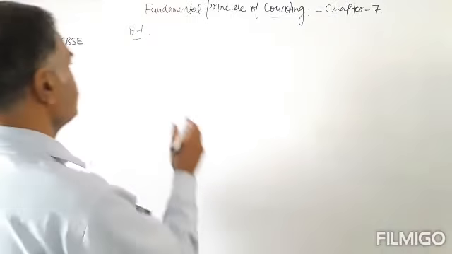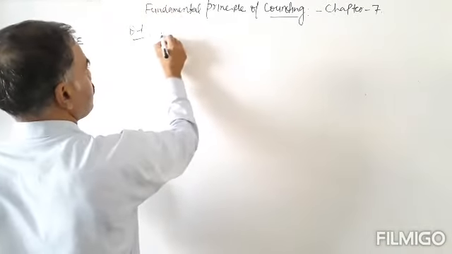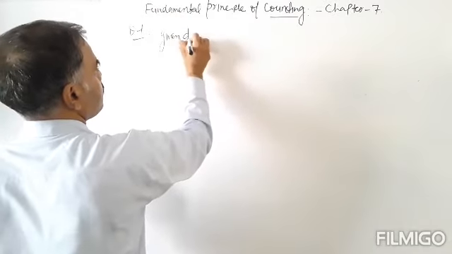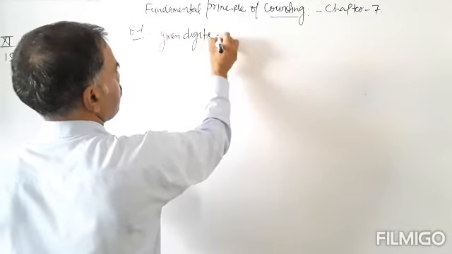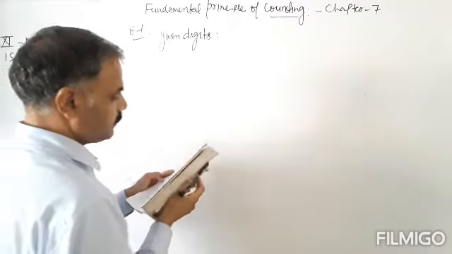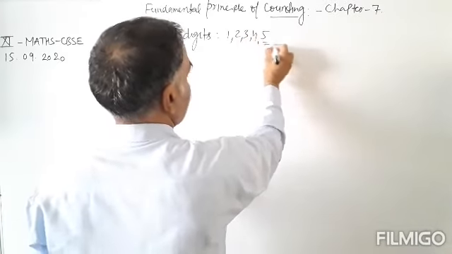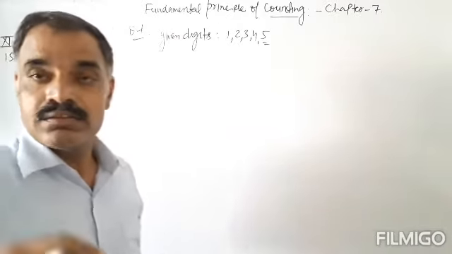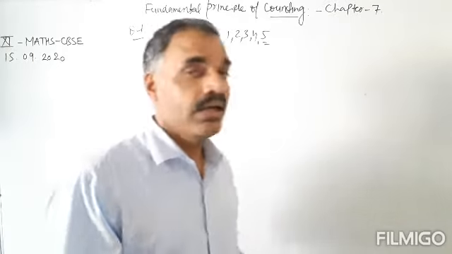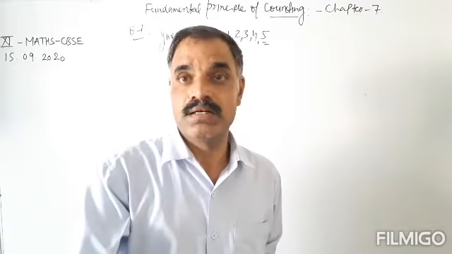You have been given the digits 1, 2, 3, 4 and 5, and you have to form a three-digit number.